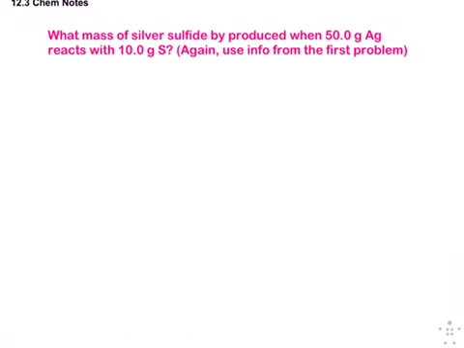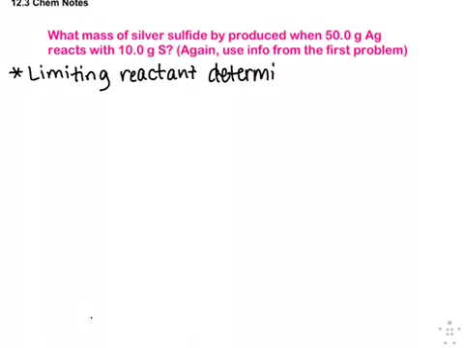You could also have questions that deal with the mass of the product. And so if it's asking for the mass of the product, you must remember that the limiting reactant determines the amount of product.